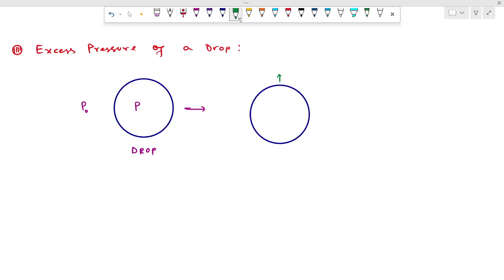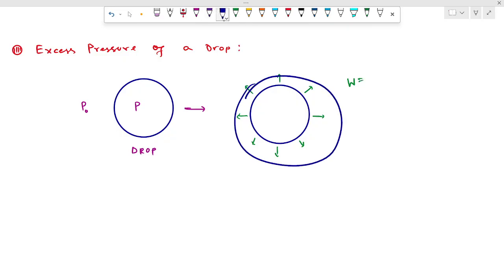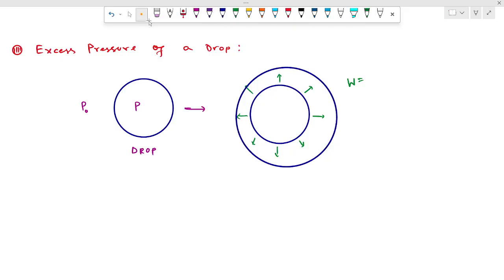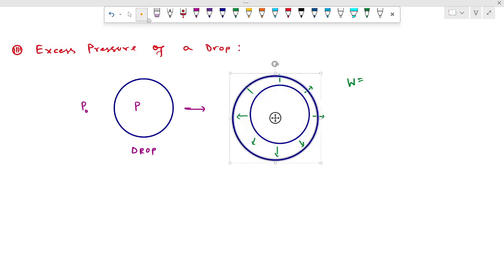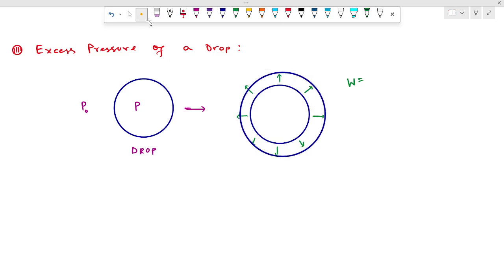We have to do some work against the pressure, isn't it? Basically, against the excess pressure. What is the amount of work done? Suppose the change in volume or the change in radius is delta r. This is the new one.